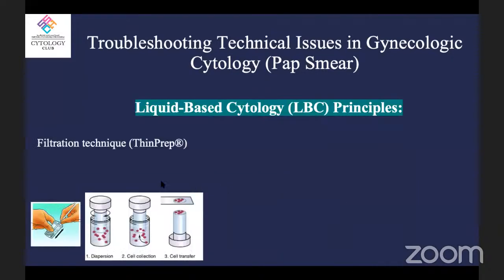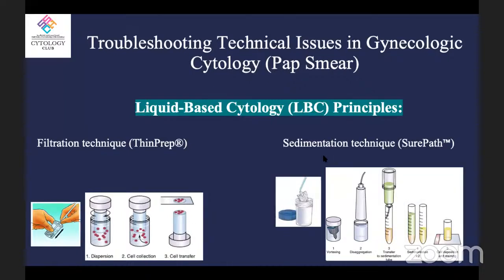While in the liquid-based cytology, the filtration technique, after the sample is collected, it's rinsed in the solution 10 times with swirling to make sure the cells drop in the solution. Then in the lab, we start by dispersion, the first step, then cell collection and cell transfer to the slide.